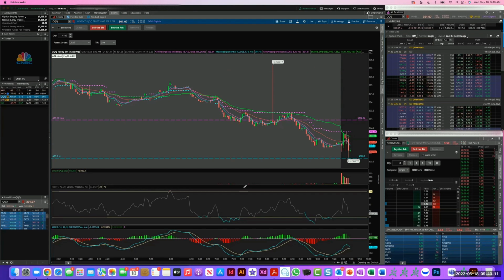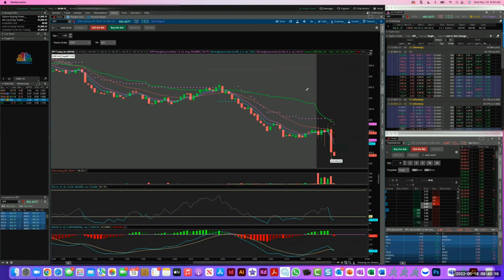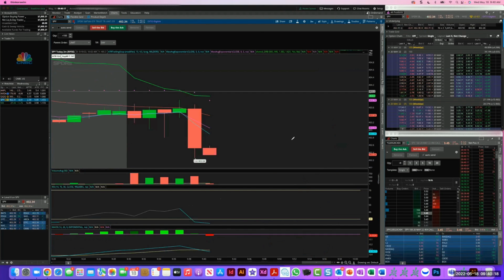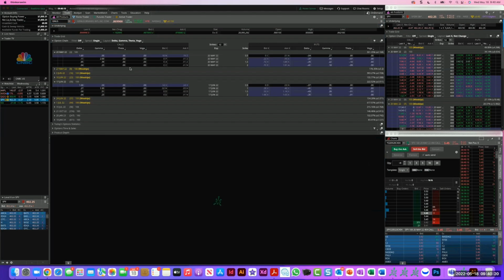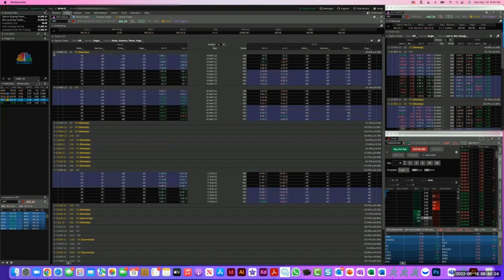Looks like SPY is going to be our trade here. And what are we looking at? So looking at SPY, the HR is $11.